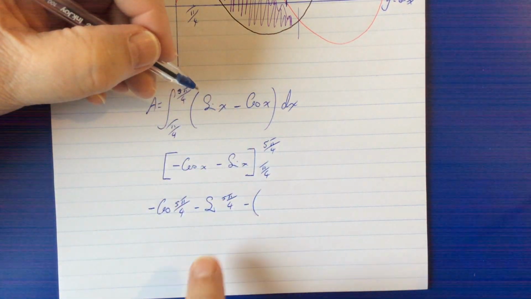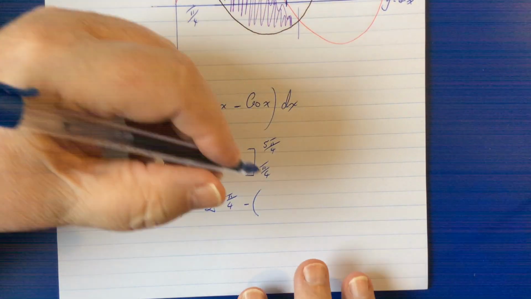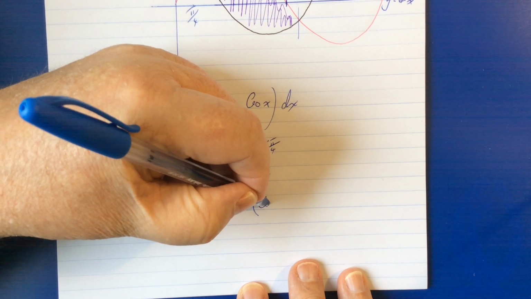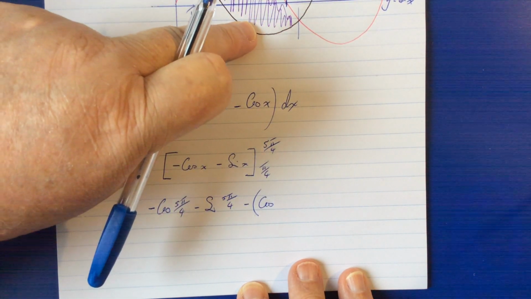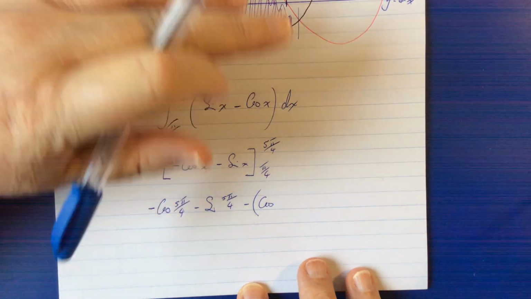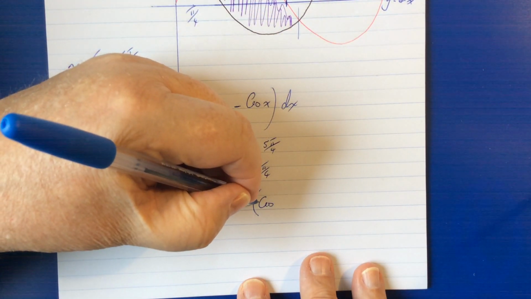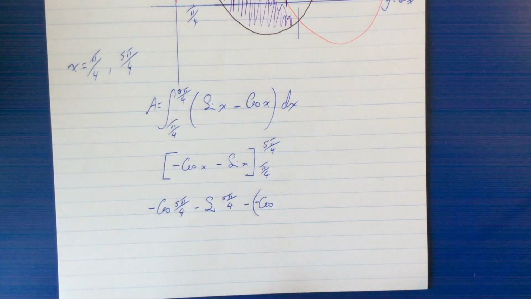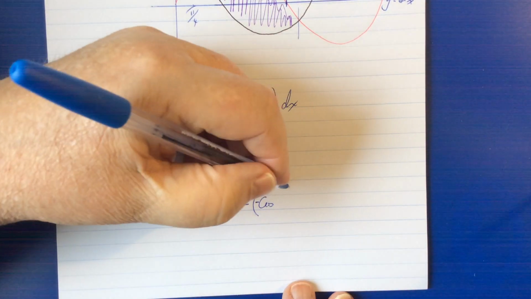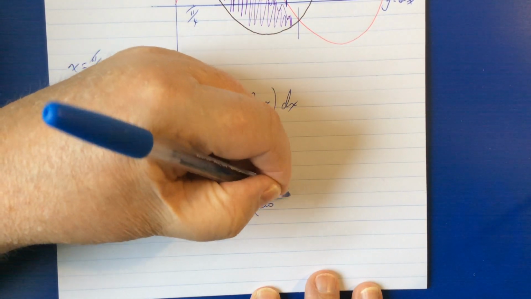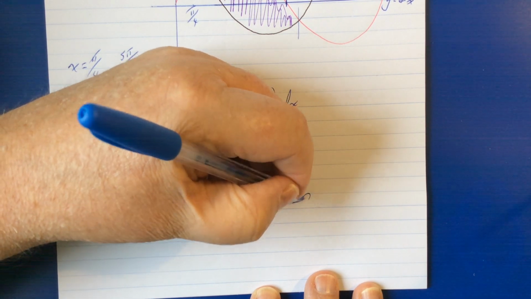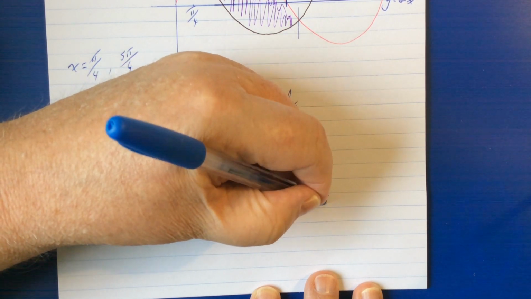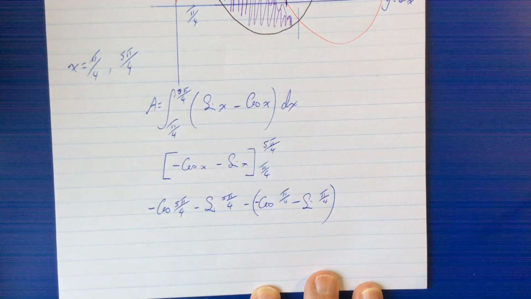minus, and this is really the textbook version of this, as I say, this area here has magnitude, so we need to make sure that we've got sufficient negatives in here so that we get a positive answer. Cos pi on 4 minus sine pi on 4.